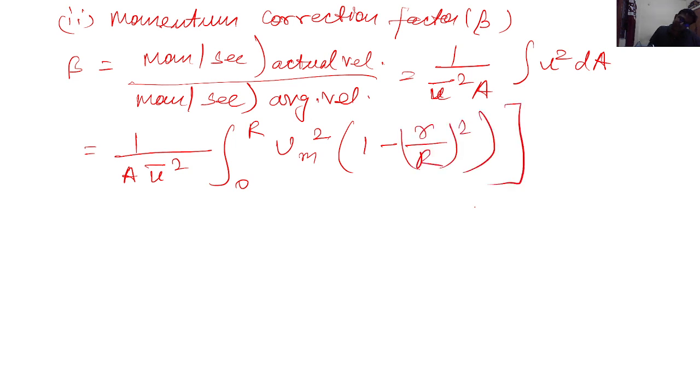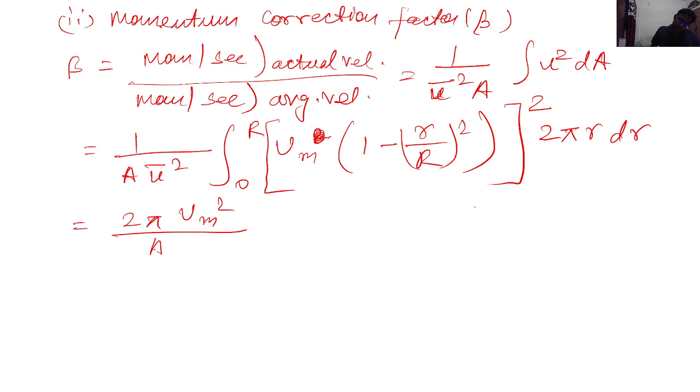Since small u is to be squared, we square it again, multiplied by dA, which is 2 pi r dr. So just take out the constants: 2 pi is a constant, and a u bar square is also constant. Integrate.